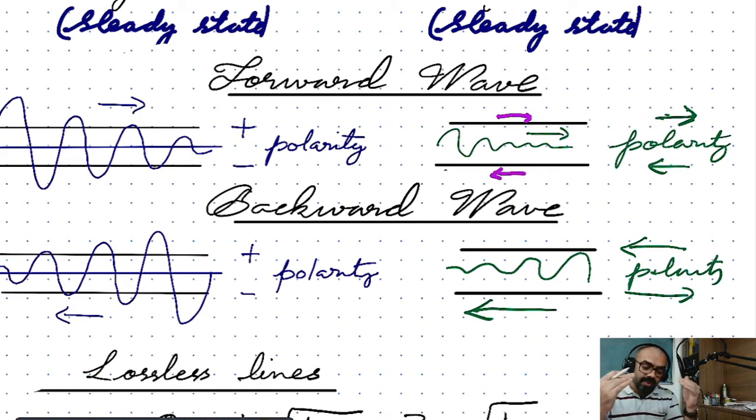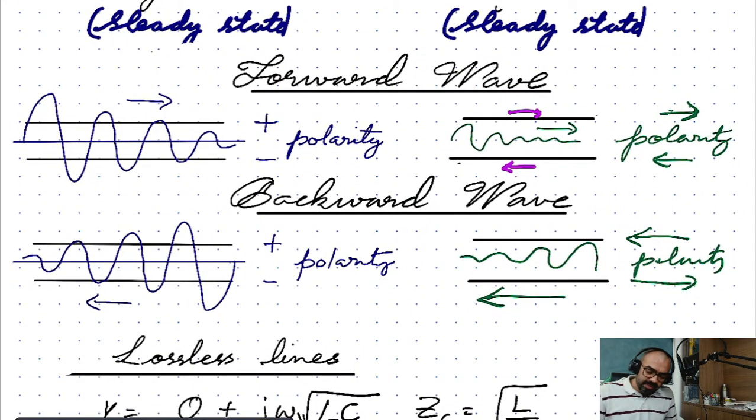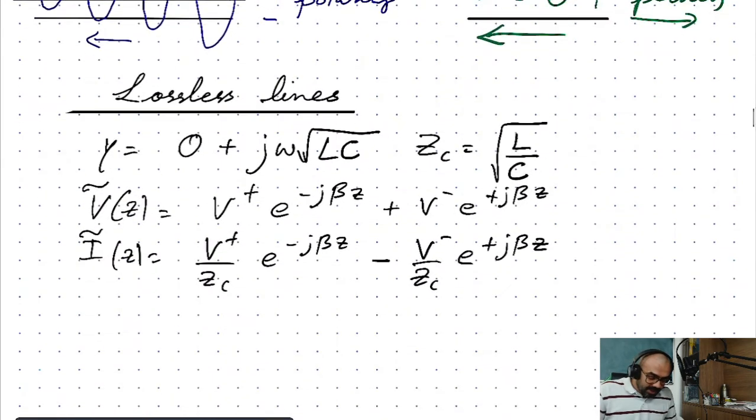In other words, the forward and backward traveling current waves on the top conducting line are going to subtract from each other. On the top line, there's a term due to the forward wave and a term due to the backward wave. On the bottom line also, we have a term due to the forward wave and a term due to the backward wave, and they're going to reverse. So the voltage wave is easy. For the current wave, however, it's important for you to realize the difference between the return wave and the main wave itself.